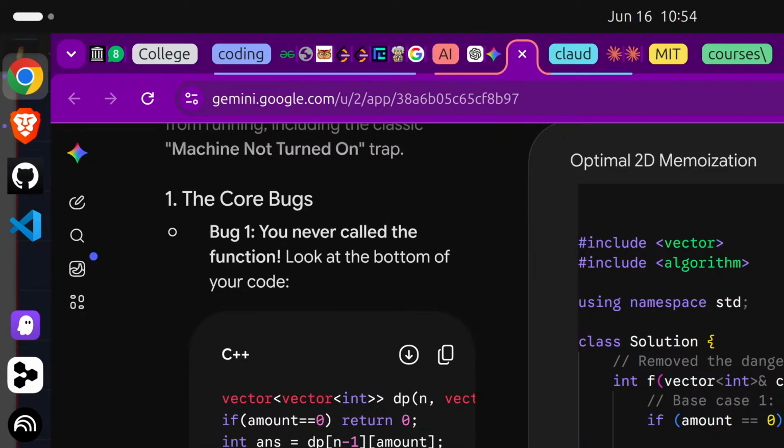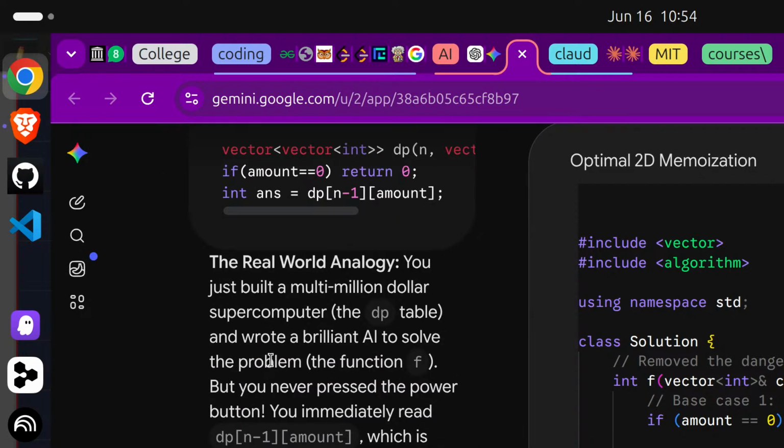Non-zero answer is... you just built a multi-million-dollar supercomputer like a DP table and wrote a brilliant solve, but forgot the power button.